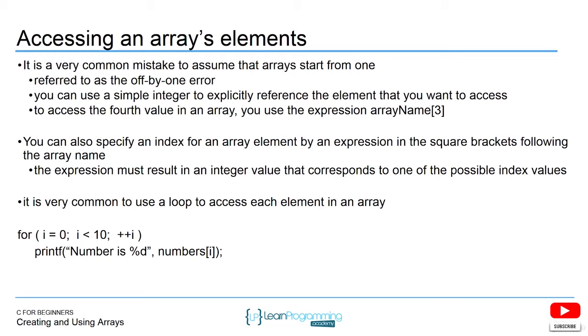What we're doing here is just displaying the numbers in the array. So we're saying printf number is %d and then numbers sub I. I is a variable. You can use a variable as an index expression as long as that variable represents a number from 0 to 9. And in this case it does. It's very common to use for loops to iterate over an array, to either access the elements or write data to those elements.